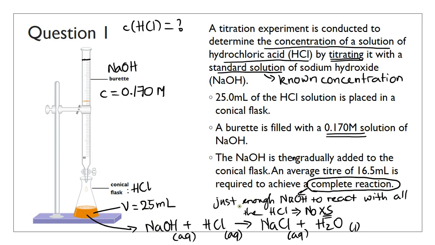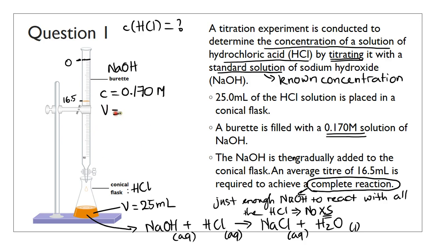Okay. The last thing that is given here is that an average titer of 16.5 mL is required. When you use a burette, if you record the initial reading and then the final reading, and the difference is 16.5, then you can tell how much sodium hydroxide has been added into the conical flask.